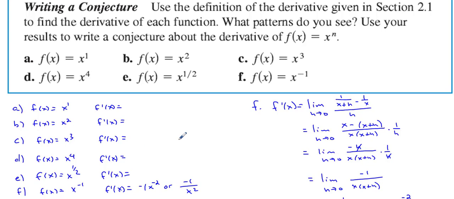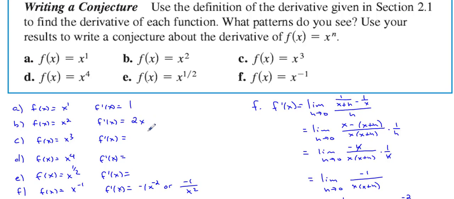All right, row A, what'd you guys get? You guys got 1? That's what I got. Row B, you guys wrote it all out? Got it all? 2x?